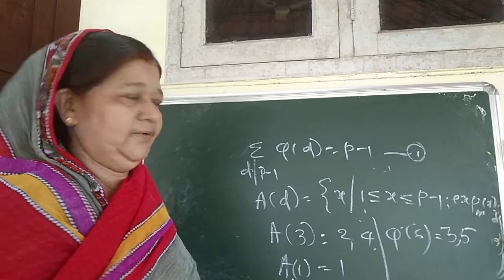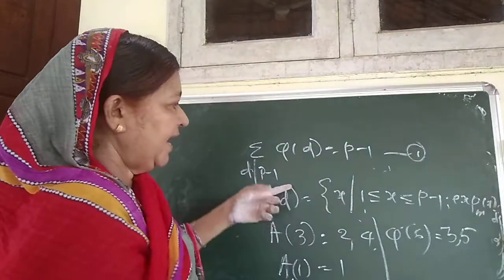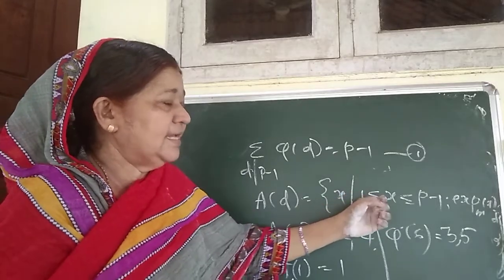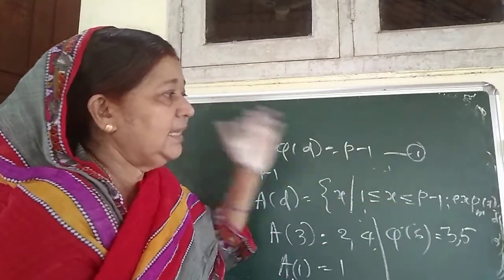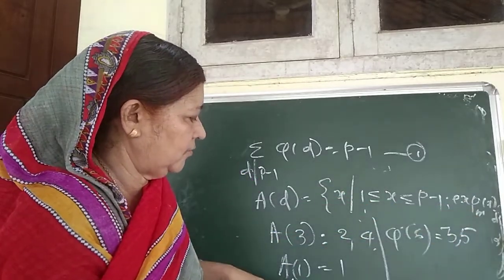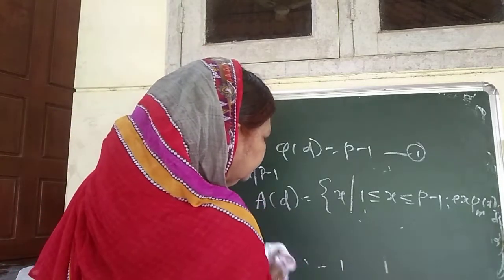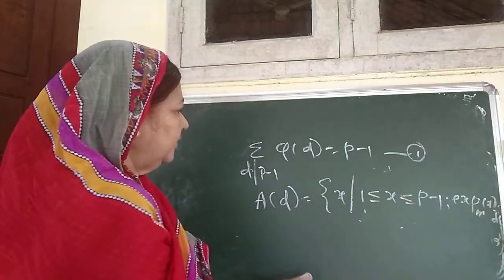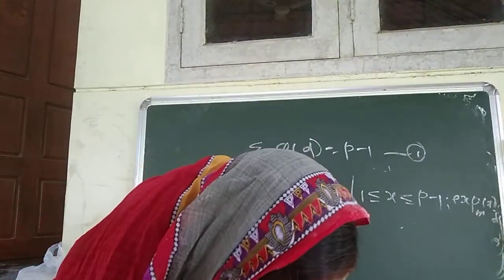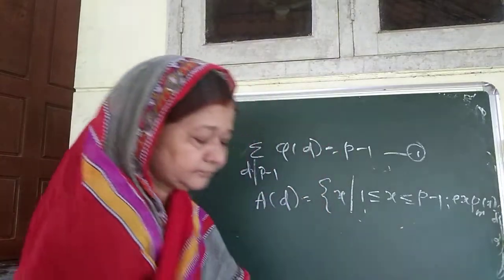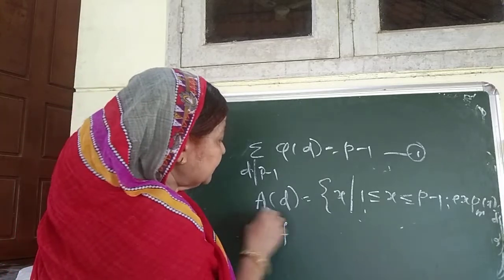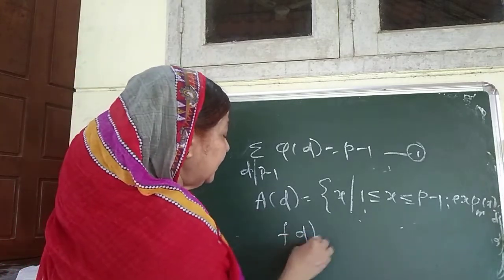So A_d is the set of those x such that 1 less than x less than p minus 1 with the exponent modulo p of x equal to d. For example, A_3, A_1, etc. These are all disjoint. Also, each A_d contains phi(d) elements.